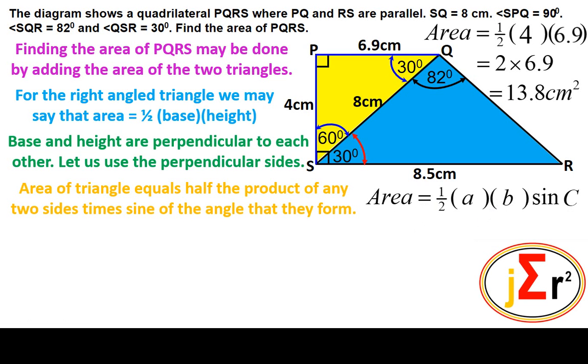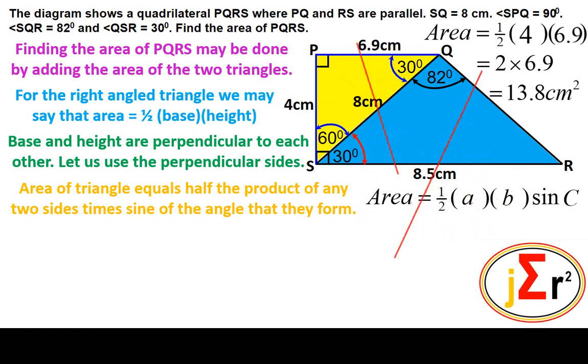A and B will be any 2 sides of the triangle. And what is C? The angle that is formed by those 2 sides.